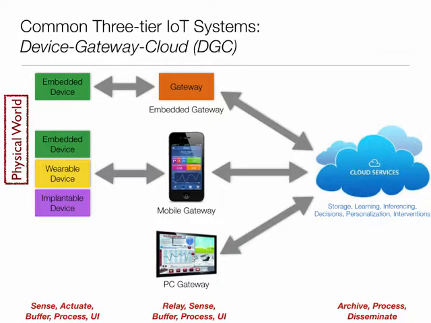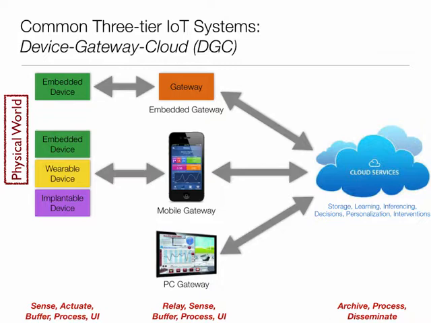Okay. So just to recap the last few slides I was covering towards the end of last time: one common way of looking at these IoT embedded systems out there is in terms of 3 tiers. The device, or some people call it the embedded tier.